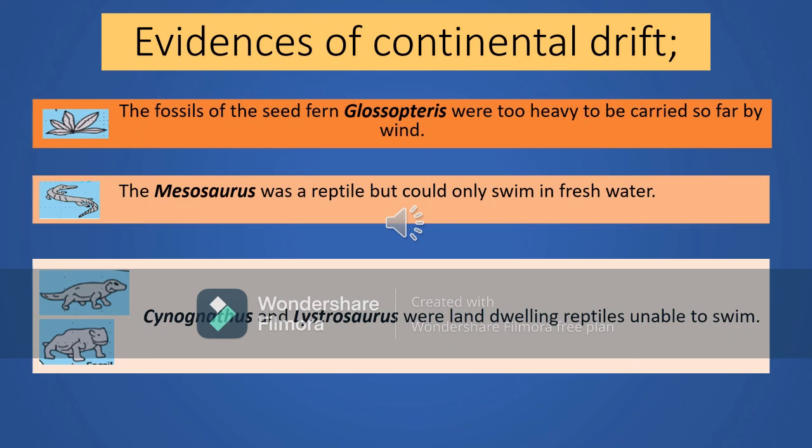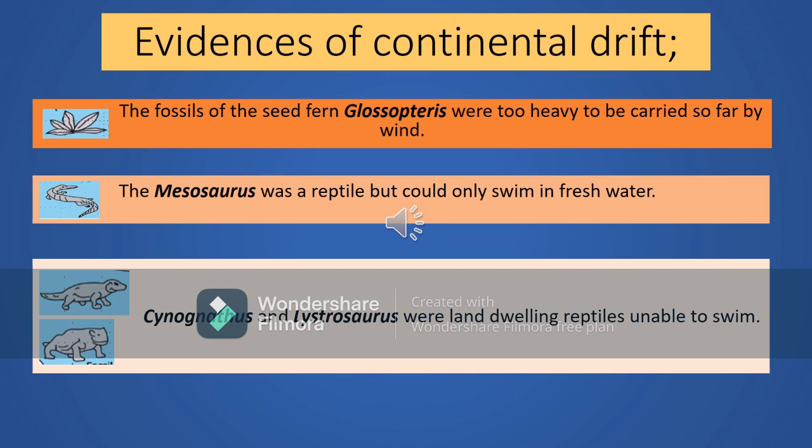Evidences of continental drift. The fossils of the seed fern Glossopteris were too heavy to be carried by the wind, so it could not have been distributed by passing through the ocean.